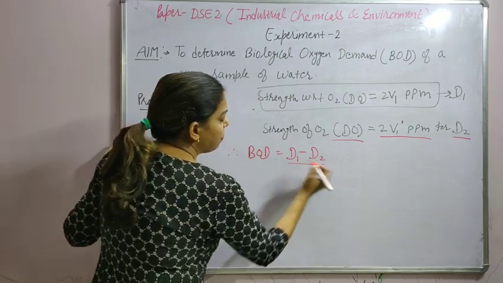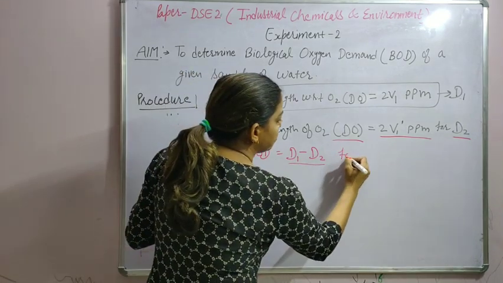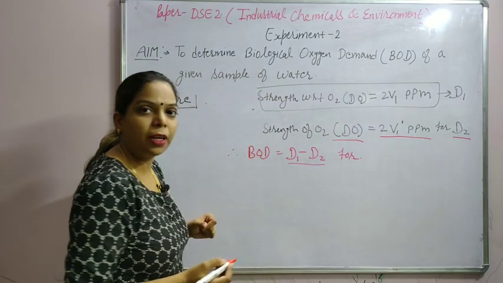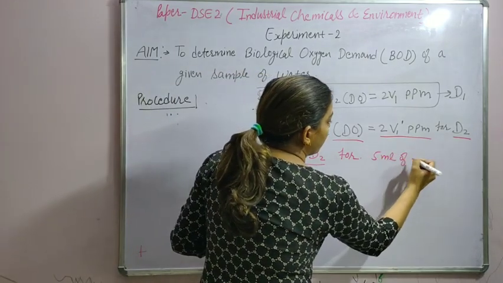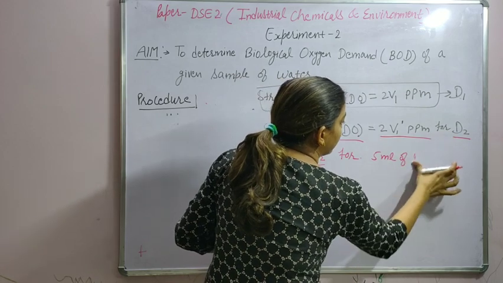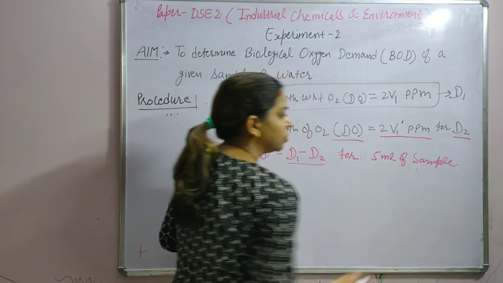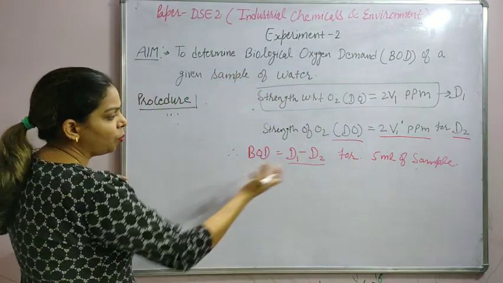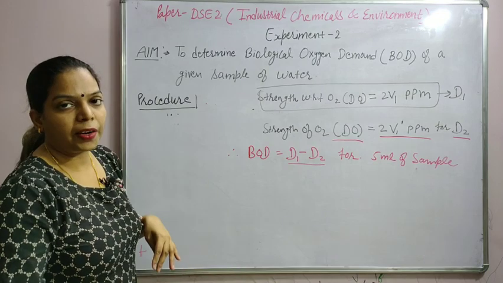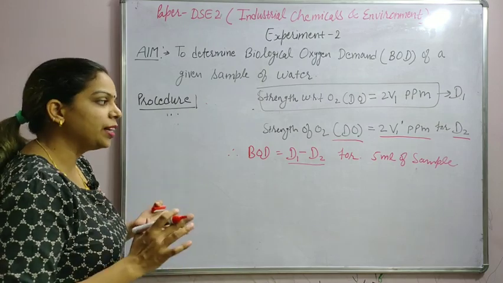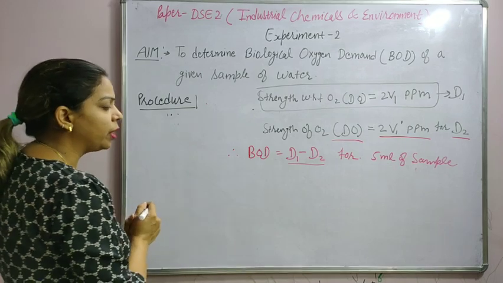So BOD is D1 minus D2 for how much ml? Initially we took 5 ml of sample. We can calculate it for 1 liter or 100 ml or 500 ml because we diluted the solution till 500 ml. So let's say we calculate for 500 ml.